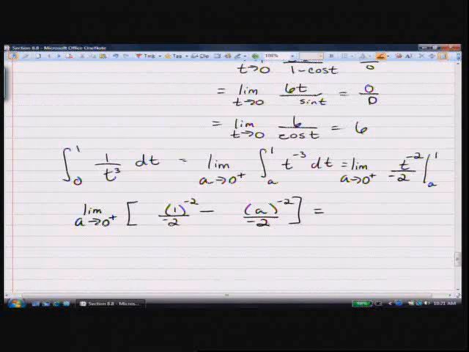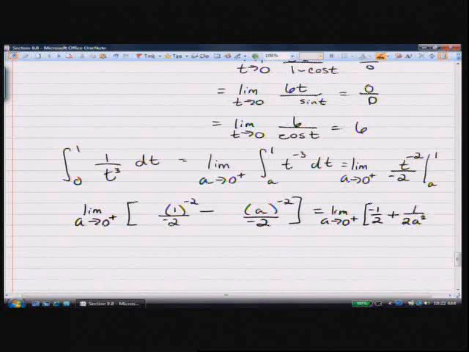Back to this. So this is just the limit as a goes to 0 from the right. This will be negative 1/2, and then this will be plus 1 over 2a squared. As you approach 0 from the right, what kind of numbers approach 0 from the right?